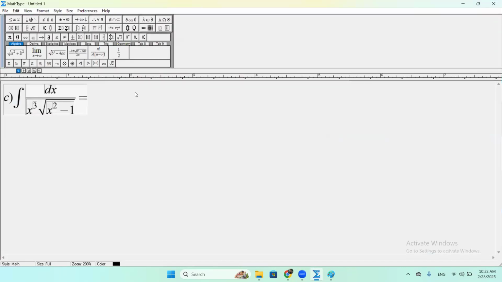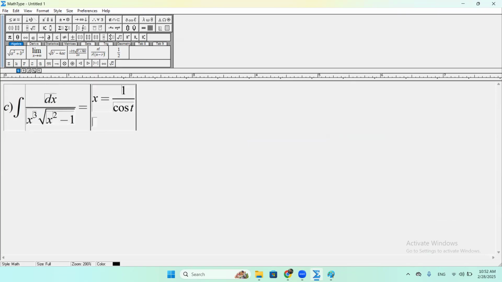So we have the following case: x square minus a square. We use the following substitution. So x equals 1 over cosine of t.